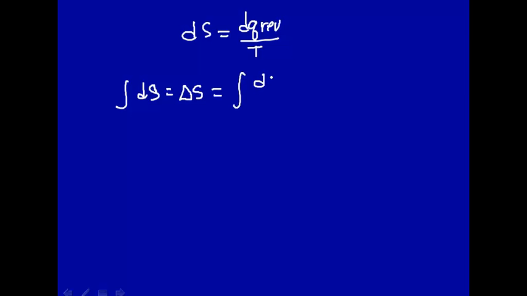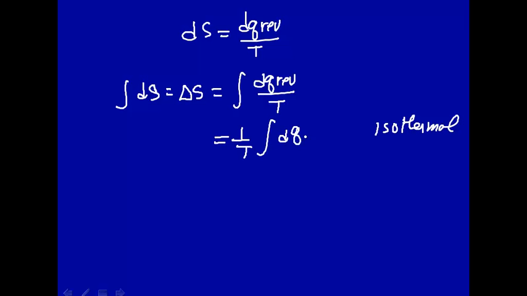It's the integral of dq reversible over T. And now let's make it isothermal, constant T, 1 over T, the integral of dq reversible. We're integrating over that. Now we're going to make the assumption isothermal and only PV work.